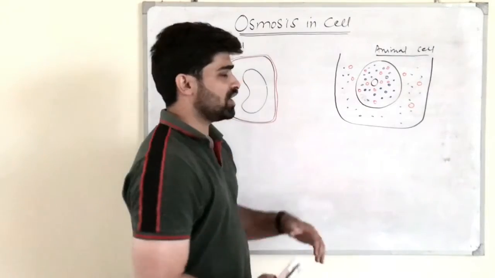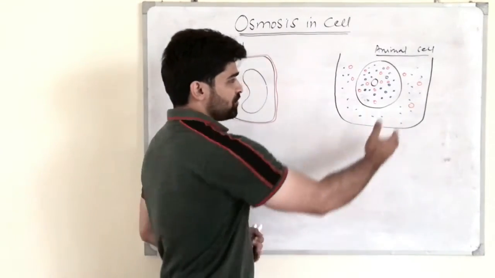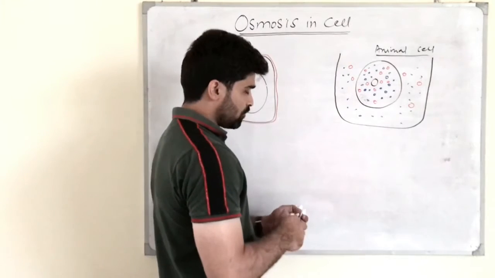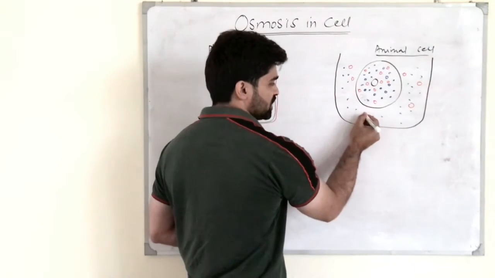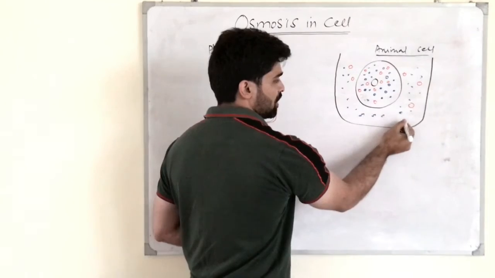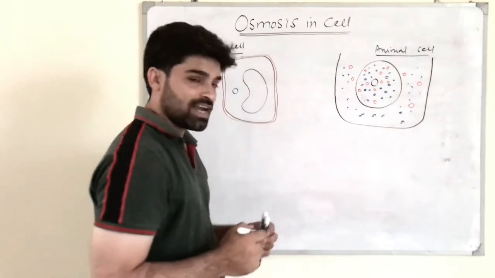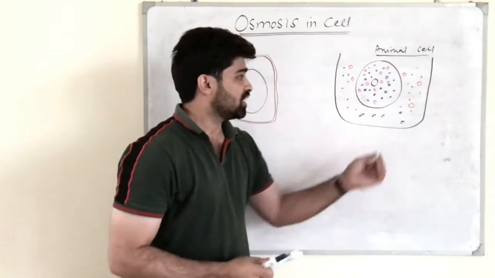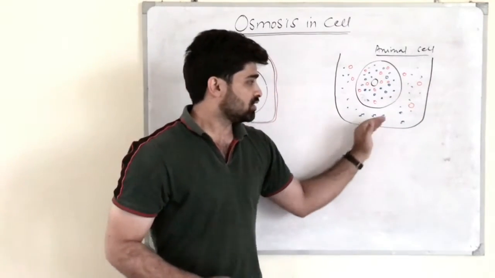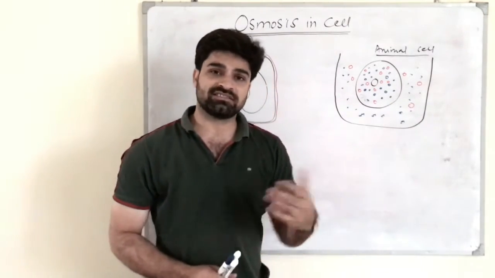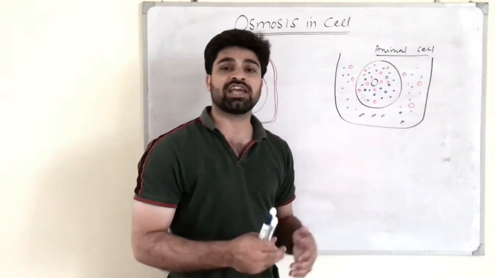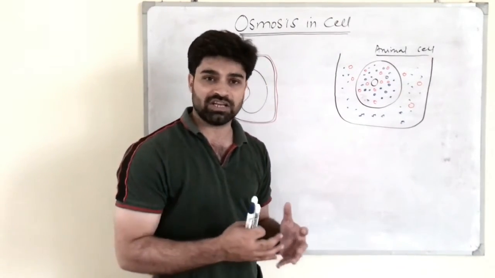So what happens if there is a dilute solution? That means the water potential is high. Why is it high? Because due to the low amount of solutes, the water molecules are less occupied and more water molecules can move freely.